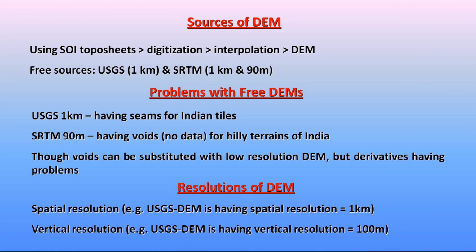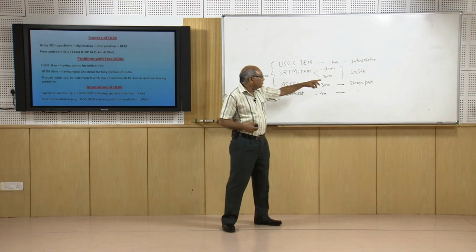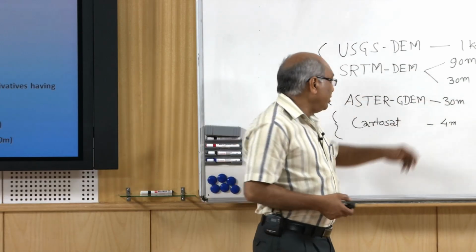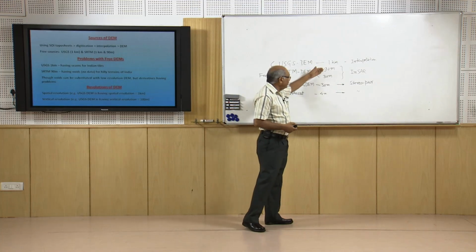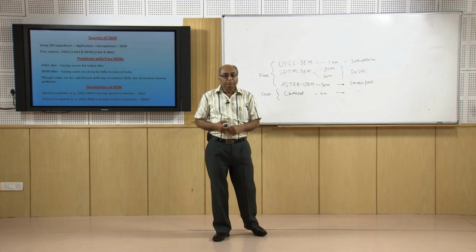The 90-meter resolution had a lot of voids for the hilly terrains of India, specifically because of Himalayan terrain. And as you know, for SRTM, which is the Shuttle Radar Topography Mission, using the InSAR technique, DEMs of two resolutions were created. Also 1 kilometer, 90 meter and later on 30 meter is also now available.